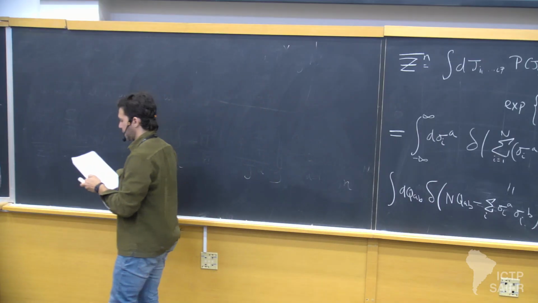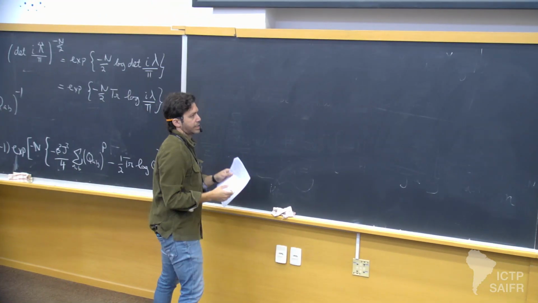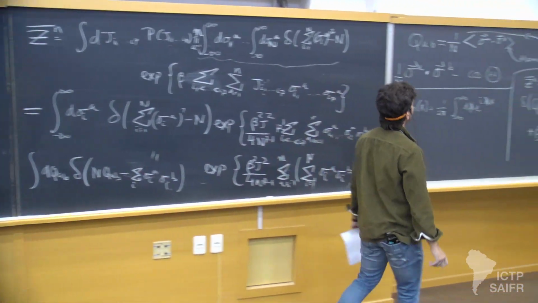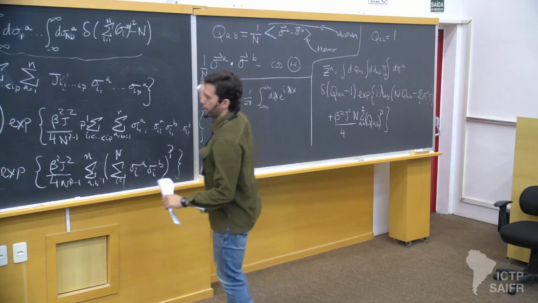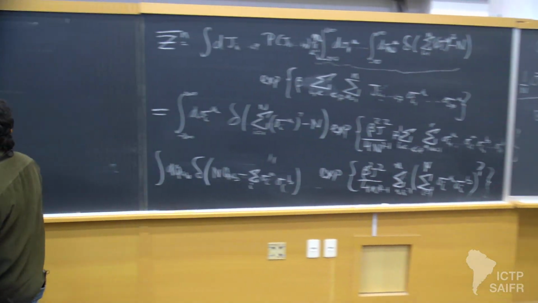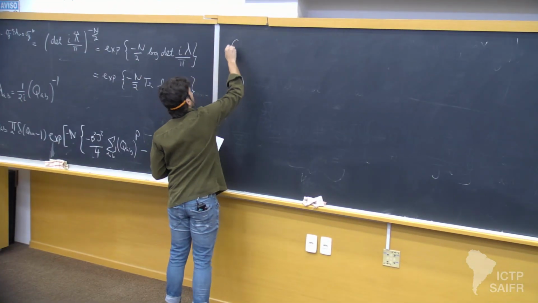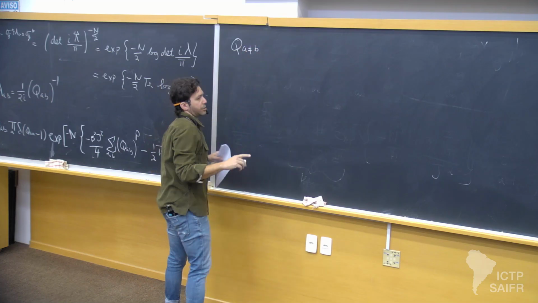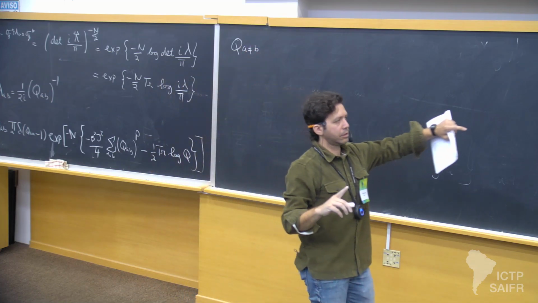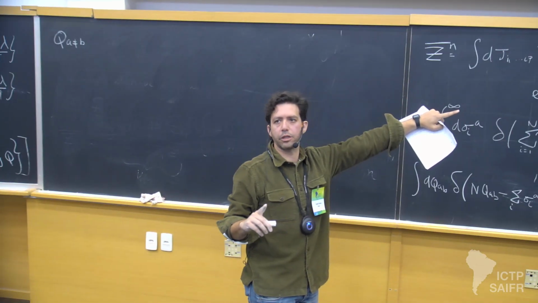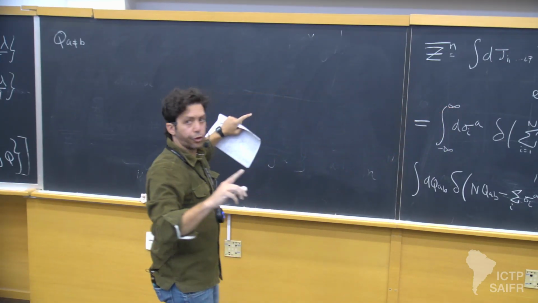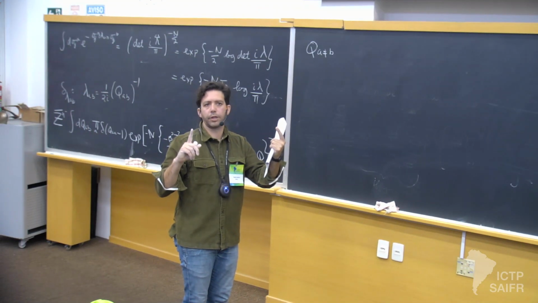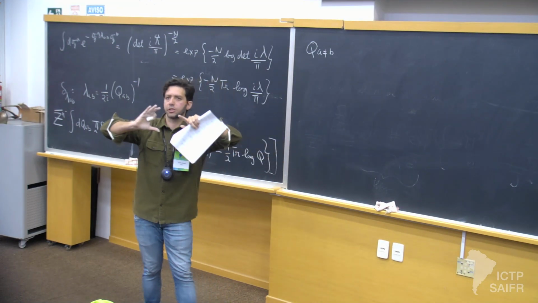Okay. So, like I said, this Q, yeah, let me write this down over here. Like I said, this Q, AB, and let's focus on A not equals to B, is the thermodynamic average of two replicas dotted into each other, and then disorder averaged. But if you are replicating the system, then you expect the thermodynamic averages to split.